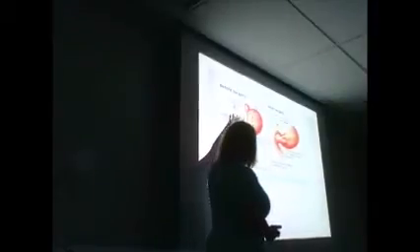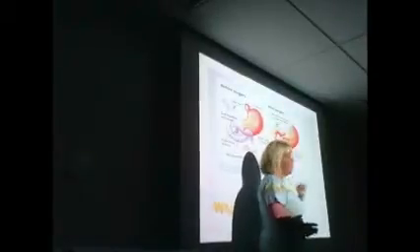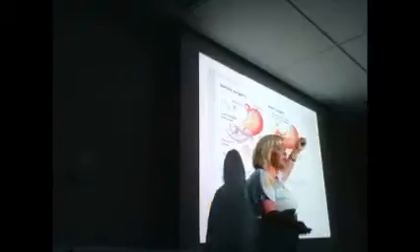So this is a picture of a Whipple procedure. As you can see, they have taken off the head of the pancreas and gotten rid of the gallbladder and also gotten rid of some of the small intestine. They have to reanastomose the bile duct, and then the small intestine and the stomach have to be reattached to the pancreas.